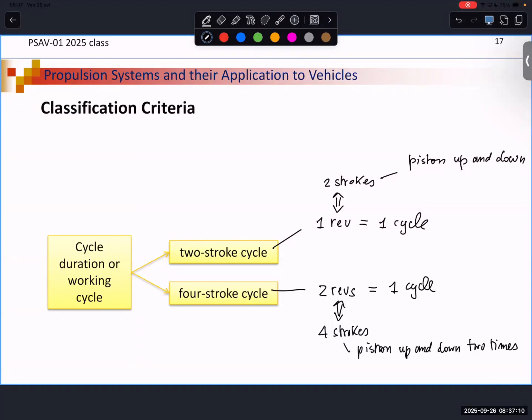We will also use in calculations a letter, M, equal to 1 for one revolution per cycle, and M equal to 2 for two revolutions per cycle.